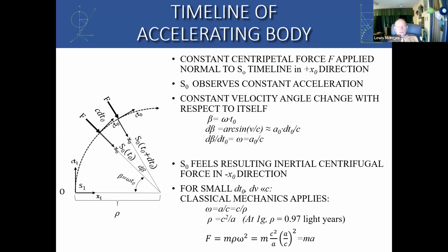Therefore, we can use the classical equations for circular motion. Using S0's proper velocity of the speed of light, c, as the tangential velocity of that rotary motion, we determine that the radius of the path rho equals c squared over a, almost a light year for 1 g of acceleration.